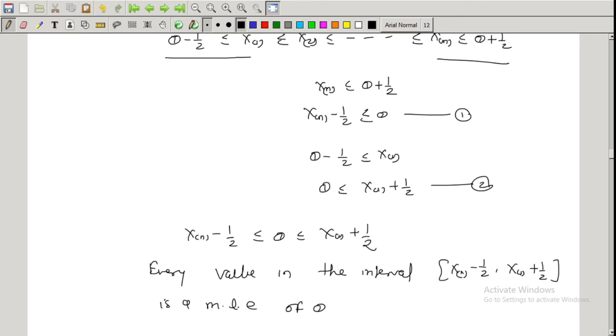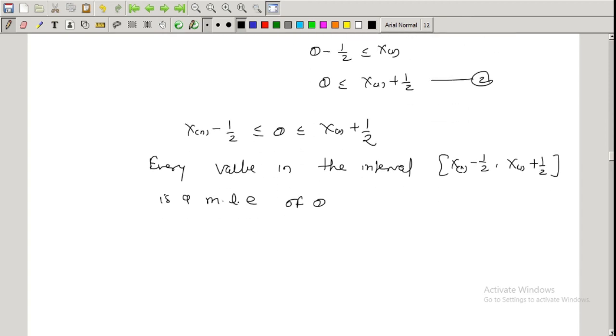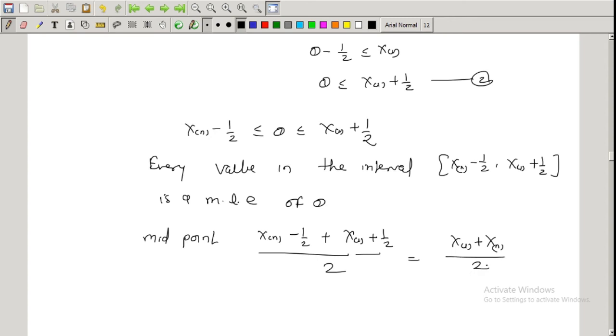So we take the mean of these two to get one MLE. The midpoint of these two terms is x order n minus 1 by 2 plus x order 1 plus 1 by 2, divided by 2. So 1 by 2 gets cancelled, giving x order 1 plus x order n divided by 2. This value is a maximum likelihood estimator of theta.